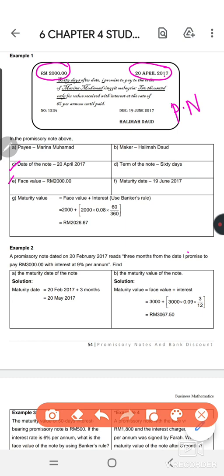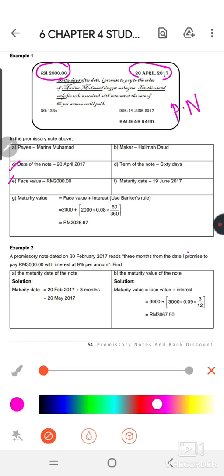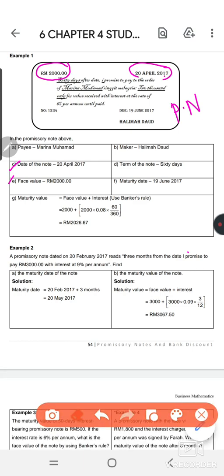Face value RM2000. 60 days after date, I promise to pay to the order of Marina Muhammad ringgit Malaysia 2000 only.